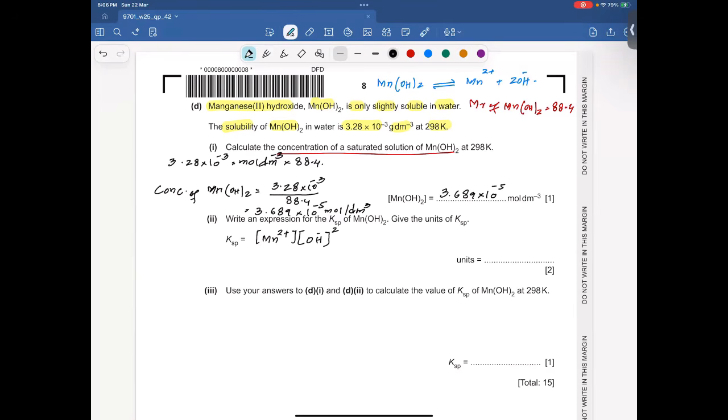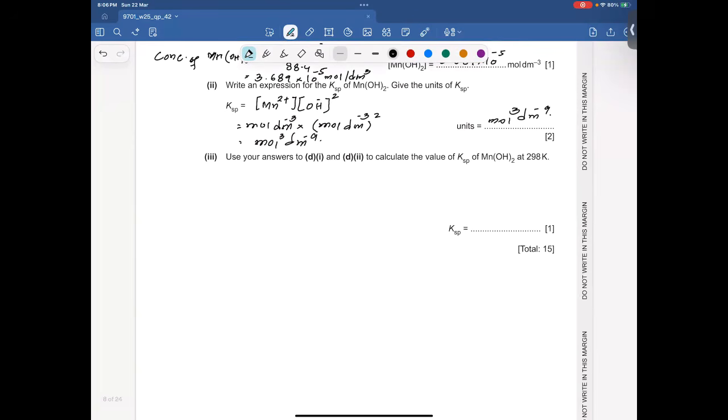Okay, unit: that's mole per dm cube, into mole per dm cube, and we have to place a square on it. So it's going to be mole cube dm minus 9. So yeah, mole cube dm minus 9 is going to be the unit for this.